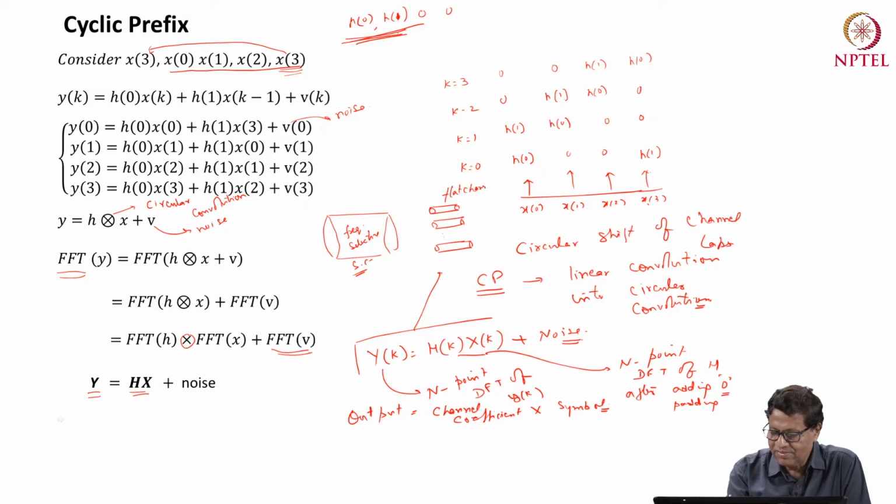So there is no ISI. ISI was the main culprit in a single carrier frequency selective channel, and we have converted this into N parallel subchannels, each now a flat channel. So the ISI problem has been resolved. By simply doing cyclic prefix, we are able to convert the channel into N flat channels, and there is no ISI among the symbols.